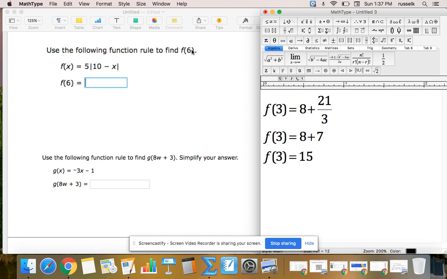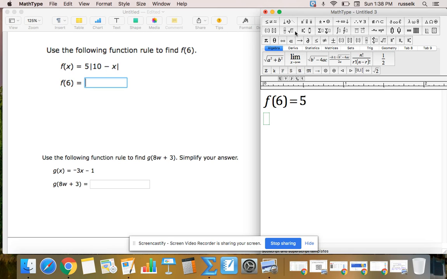In this next example, they ask us to find f of 6. So we're going to take out x, plug in 6. Remember, these are absolute values. So once we do the operation inside the absolute value, we just take the positive version of that. So f of 6 tells me to take 5 times the absolute value of 10 minus 6.